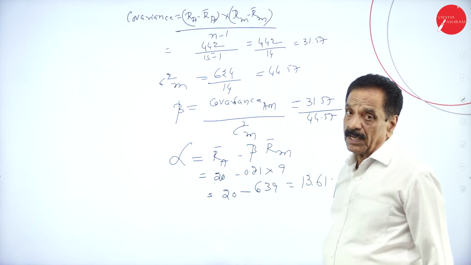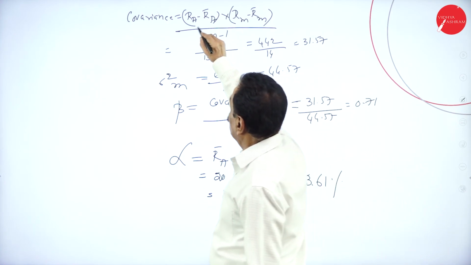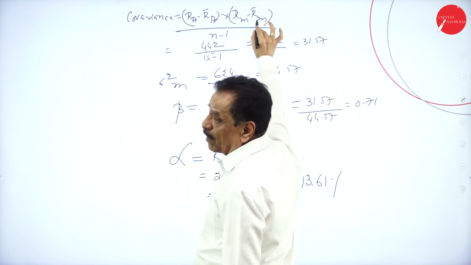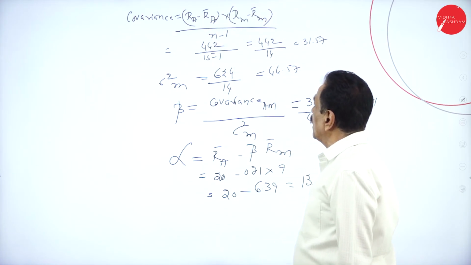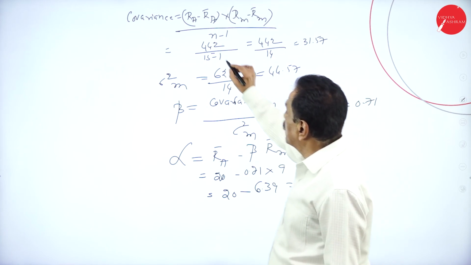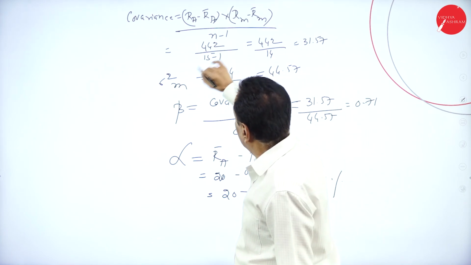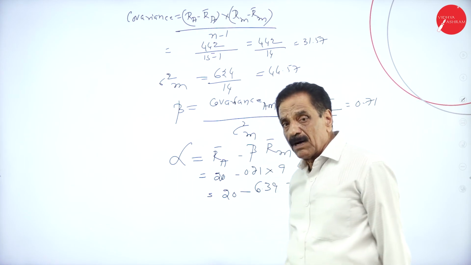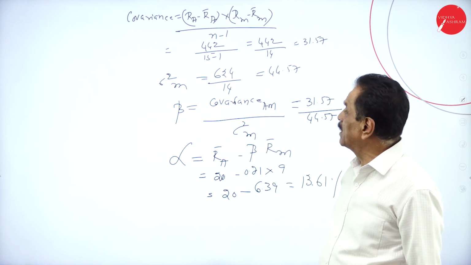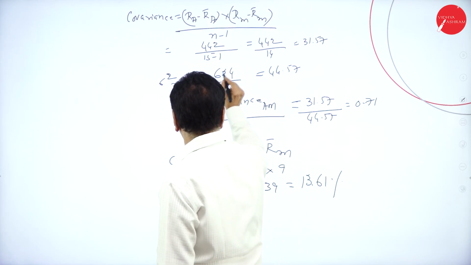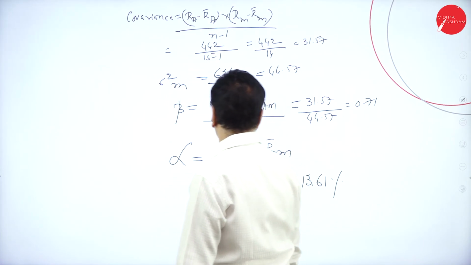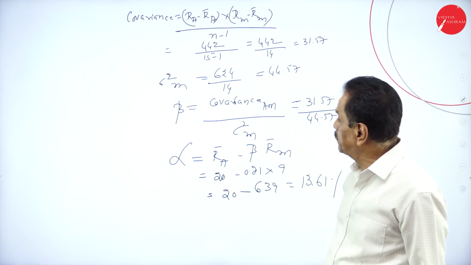What is covariance? This is the stock A mean, this is the market mean. RA minus R mean A, RM minus R mean M divided by number of items. Some authors take n, some authors take n minus 1. Market square is 624 divided by 14, 44.57.